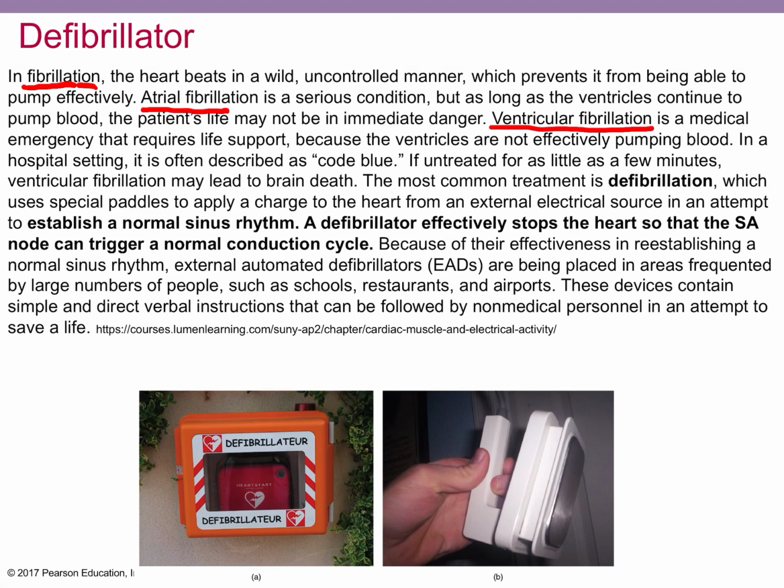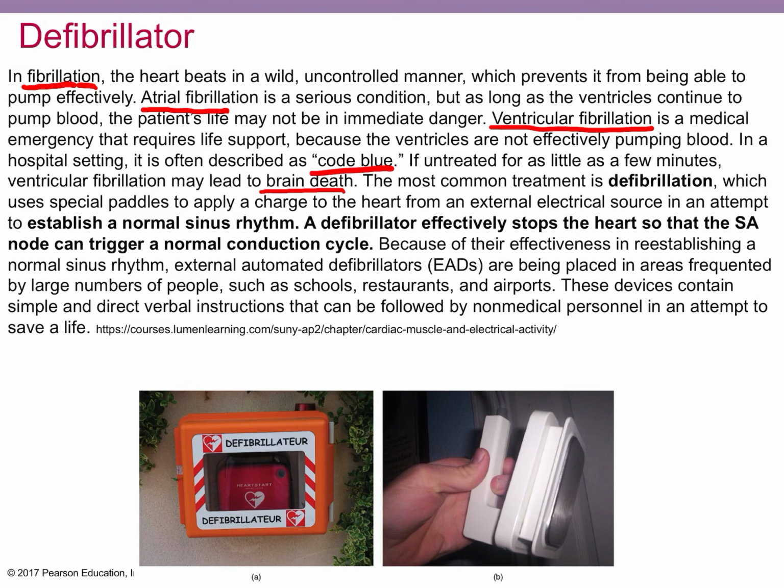Ventricular fibrillation is a medical emergency, and if it happens in the hospital, this is what a code blue is. And you basically cannot have your heart in this state because you're not going to pump blood to your organs, the most important organ being your brain. So if your brain has a few minutes of oxygen deprivation, that can lead to death.